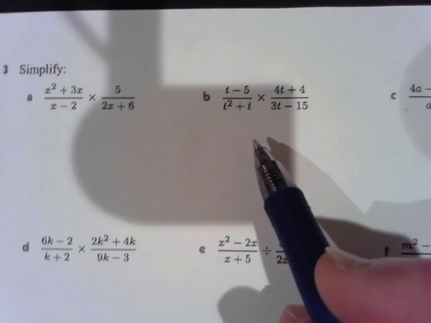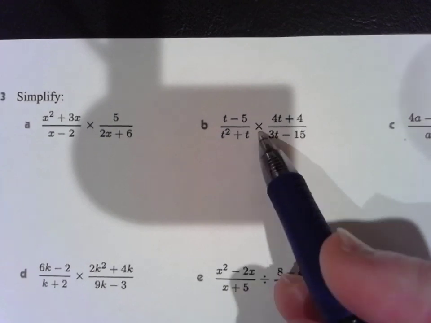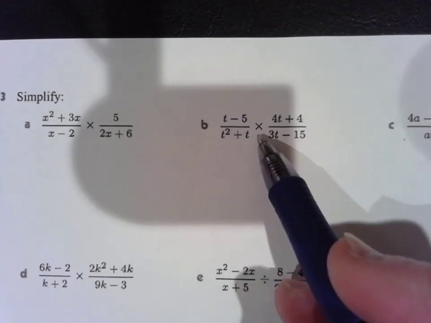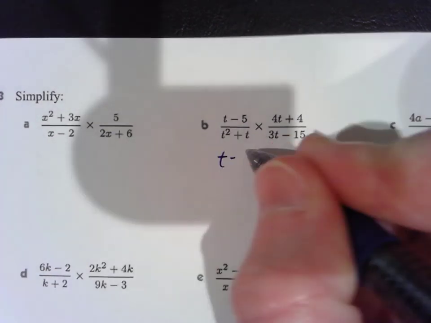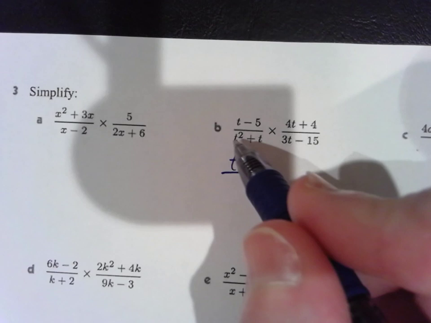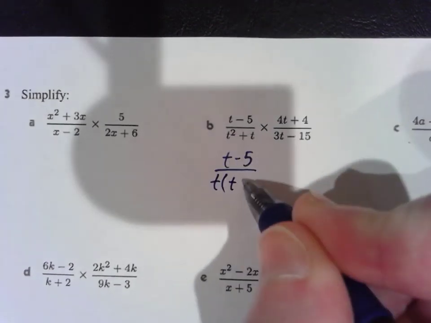The first thing, if we see it's a multiplication problem, we need to factor everything, top and bottom. T minus 5 does not factor, but t squared plus t, they both have a t, so factor out a t, and t times t is t squared, t times 1 is t.